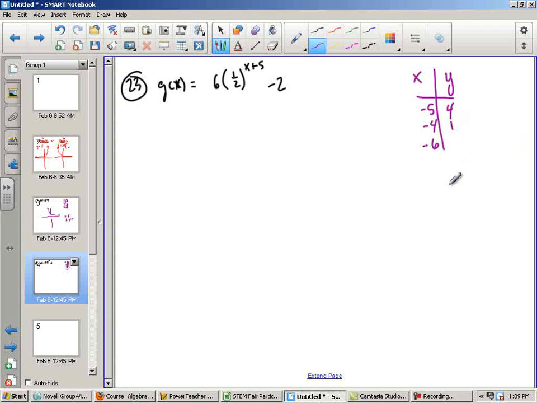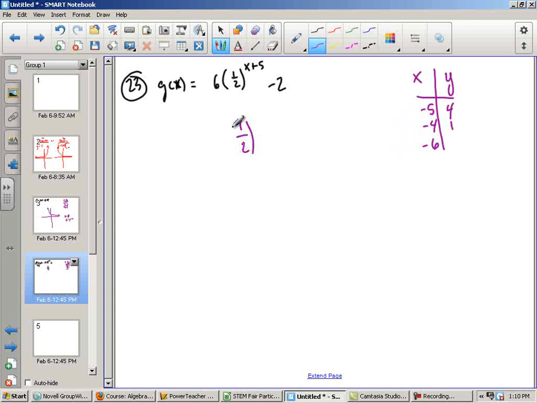But I could also go to -6. You only need 2 of these points, but if you find that one of them is difficult to use, try going the other direction. If I tried -6, -6 plus 5 is -1, and an exponent of -1 is just a reciprocal.